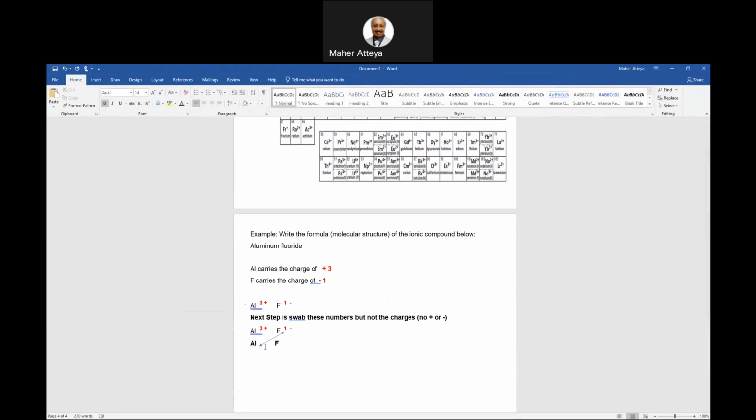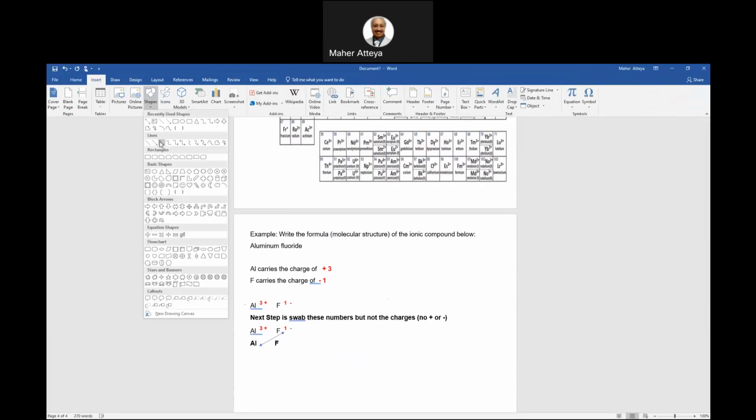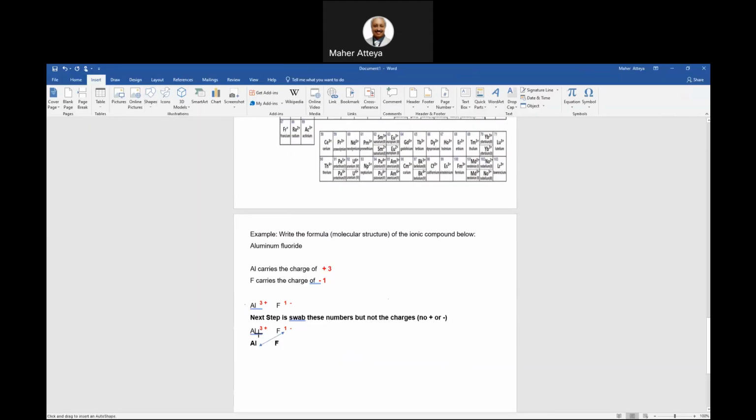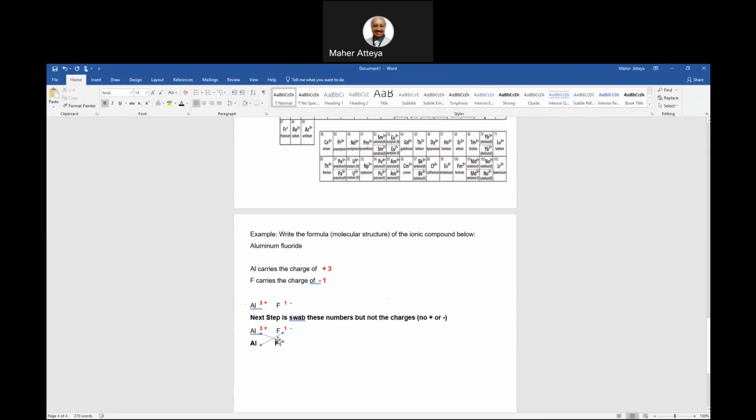Then I will insert. So this one will be Al subscript 1, correct?